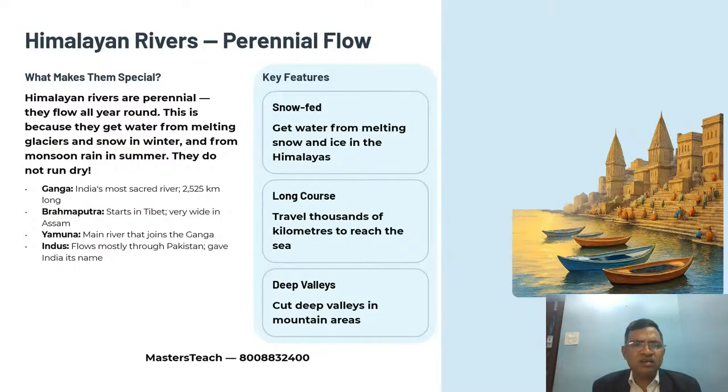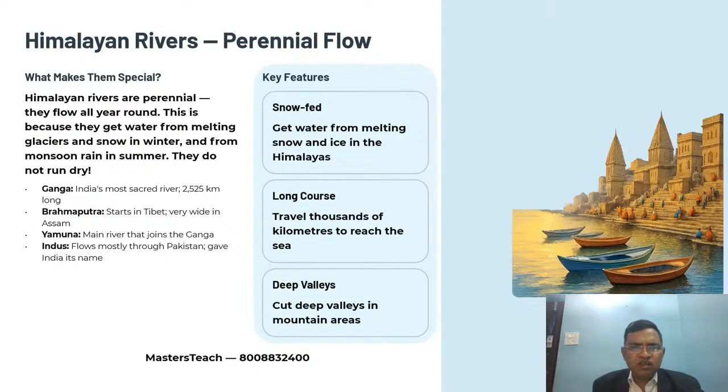Ganga is the most sacred river. Then Brahmaputra starts in Tibet and is very wide in Assam. Yamuna is the main river that joins the Ganga. Then Indus also flows through Pakistan, and it gave India its name. We got the name India from the Indus river.